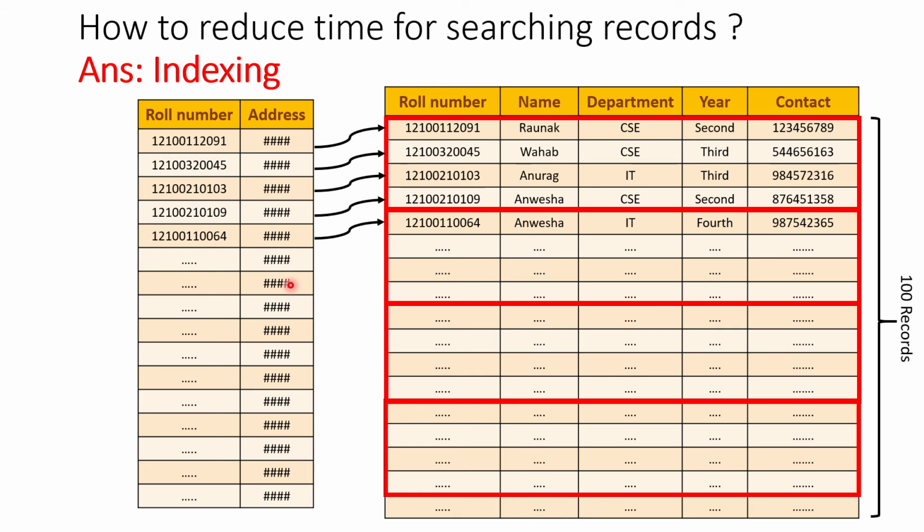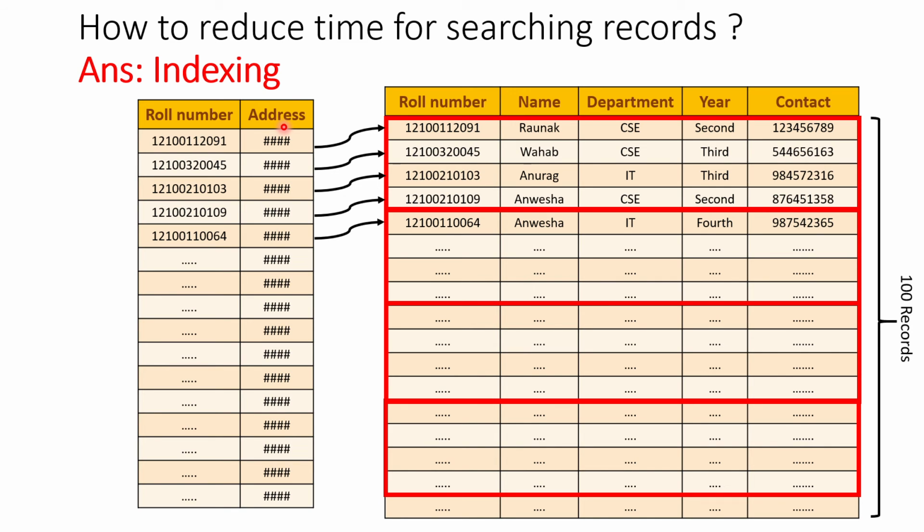That table will contain the roll number and a corresponding address, and this address is nothing but the exact offset address of some particular block, which is connected to this table. So you can assume that this is nothing but a pointer.